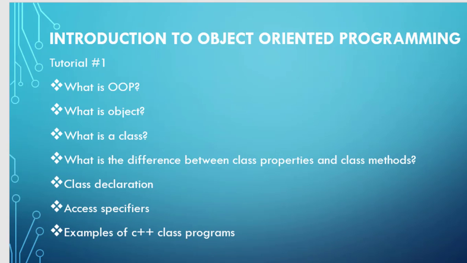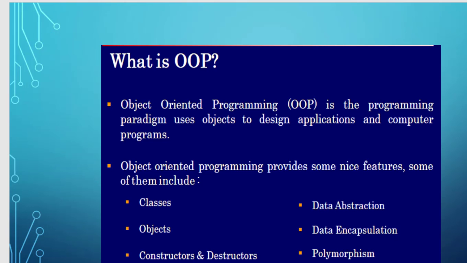Now, what is object-oriented programming? Object-oriented programming is the programming paradigm, or it is a programming technique that uses objects to design applications and computer programs.